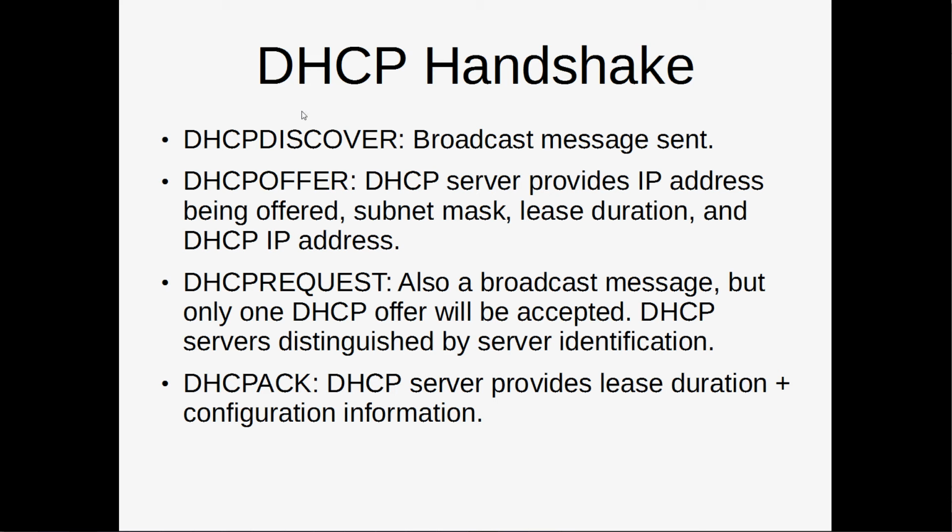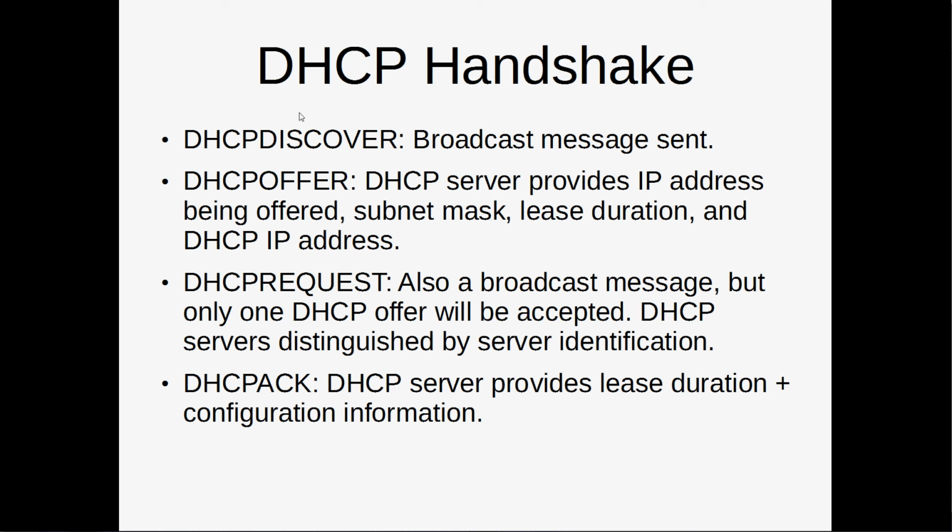But how does it communicate that it needs an IP address in the first place when it doesn't have an IP address? Well, the answer is it sends a broadcast message. So this is the DHCP Discover message, whereby the node just queries the network and asks if there are any DHCP servers on the network.